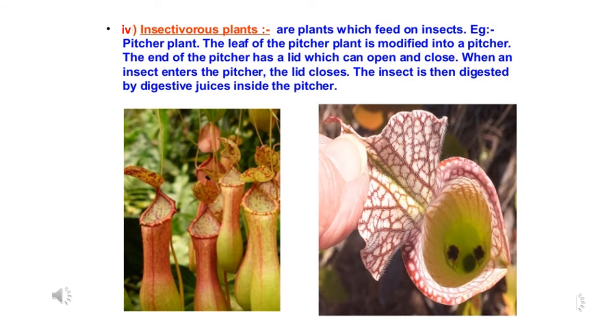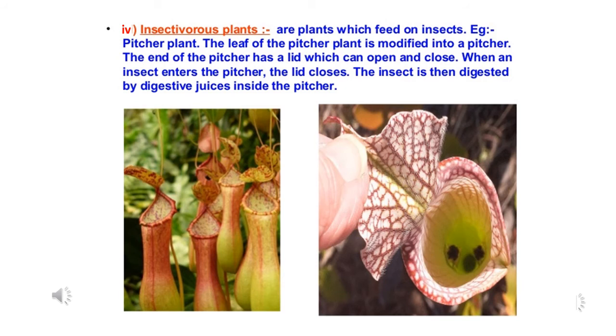Insectivorous plants. So this is the fourth type of nutrition which we are going to learn. So we have this category of plants which are known as insectivorous. Example, pitcher plant. So you can see here the leaf is being modified into a pitcher and the end of the pitcher has the lid which can open and close. When an insect enters the pitcher, the lid closes.